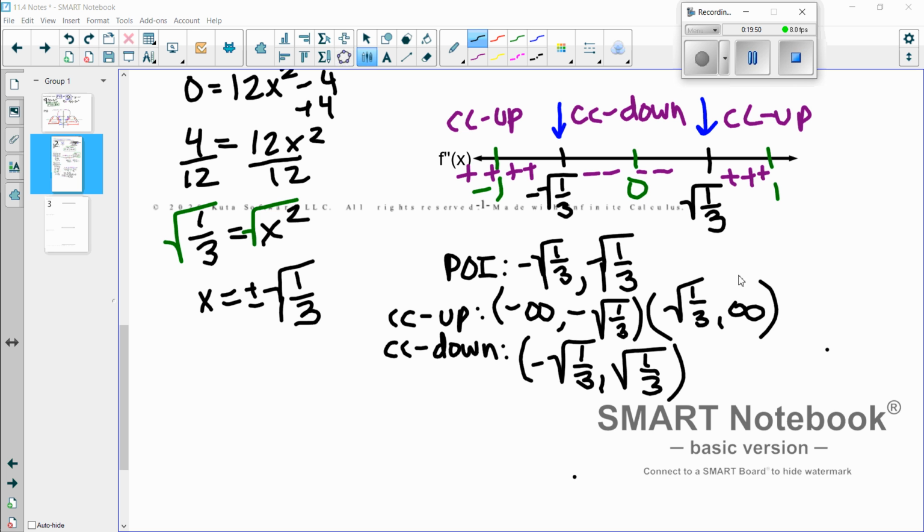Same with here, the square root of 1/3 to positive infinity, forever going to the right, is concave up. And then the middle interval, negative square root of 1/3 to positive square root of 1/3, is where it's concave down. So that's how we would write it. This is our final answer, and boom.